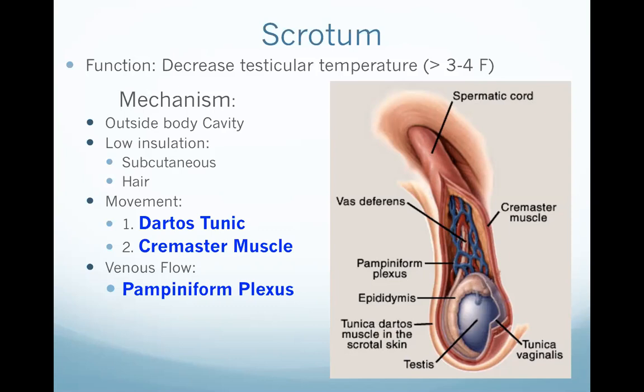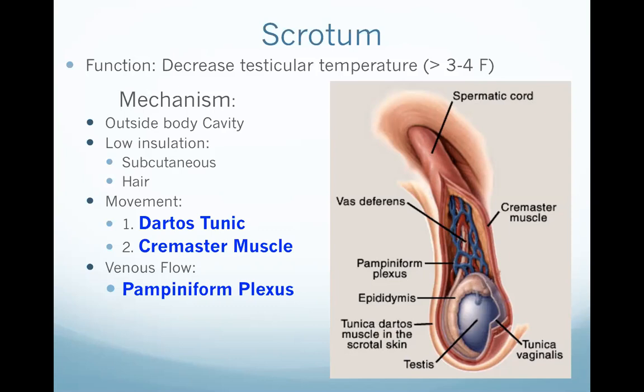And then we also have another muscle called dartos muscle that's literally within the underlayers of the dermis. So when you're looking at the skin, you have it associated with the dermis. So it's right at that level of where the subcutaneous is and the underlayers of dermis. The dartos muscle functions to gather the dermis. And so when the dartos muscle contracts, you're going to see it kind of gathers the scrotal skin.